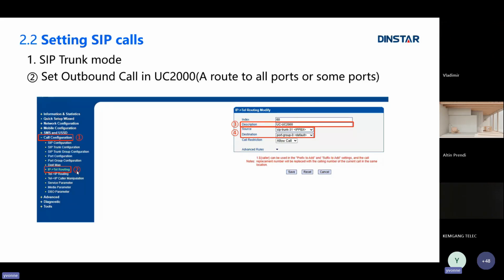So it's an outbound route, and then we input the description of the route and choose the source where the call comes from and the destination where the call goes. Yeah, and what's more, in the route you can set the call restriction, maybe to allow the call or forbid the call.